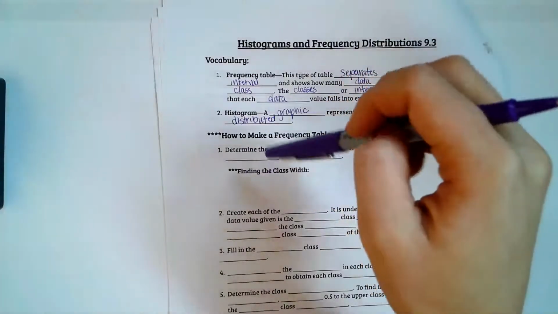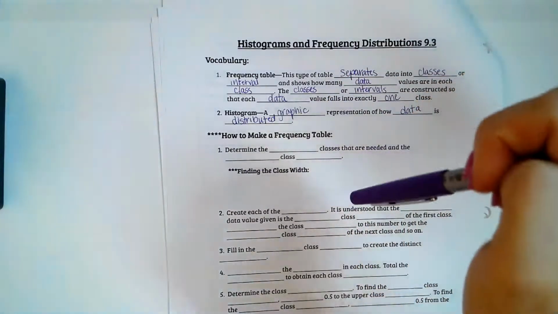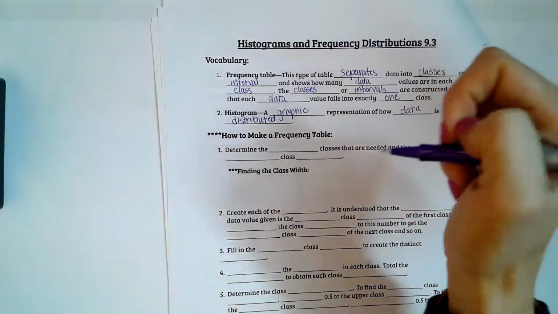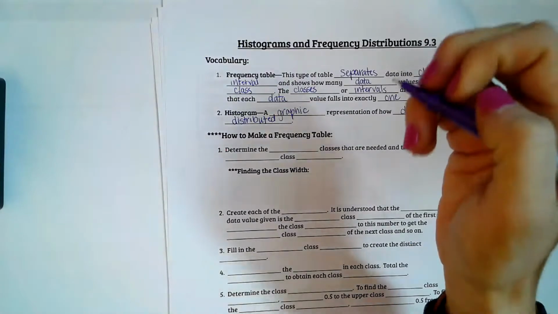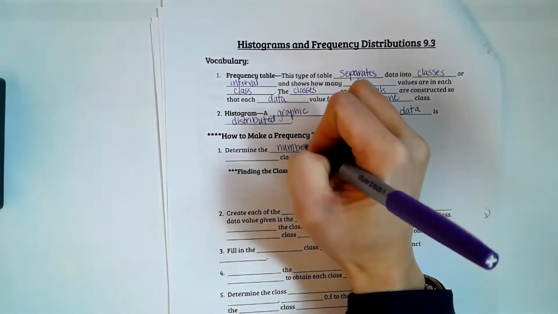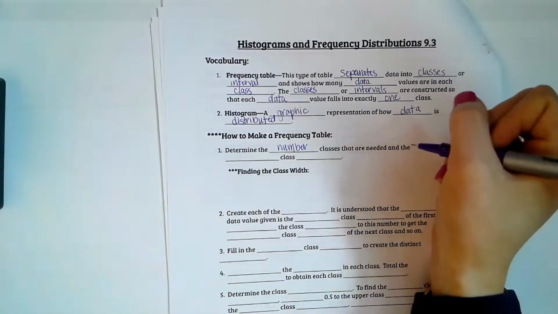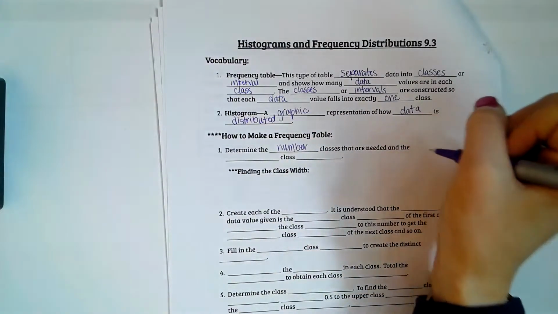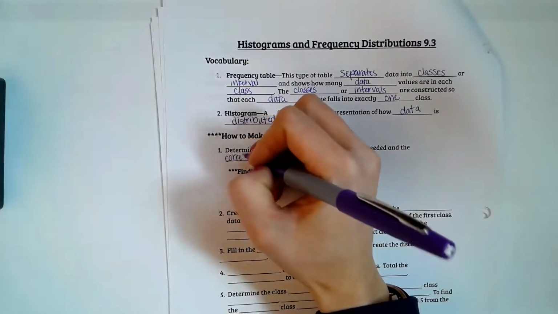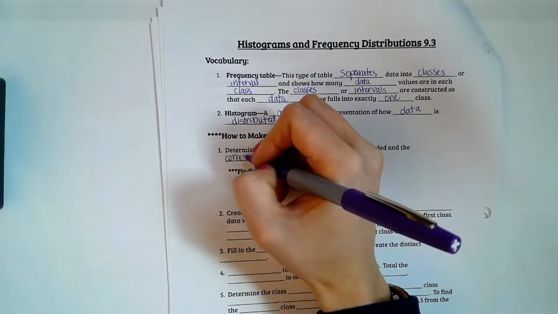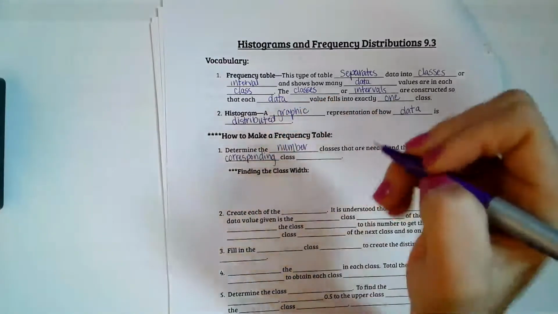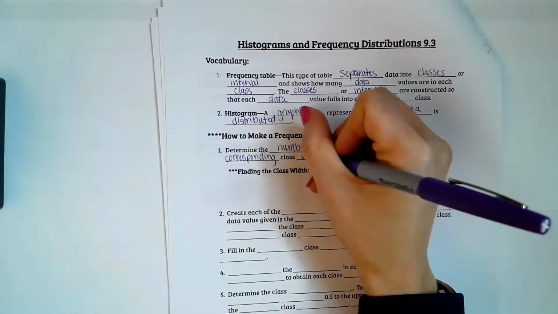Like I said, we're going to start with making your frequency tables in this video. So you need to determine the number of classes that are needed and the corresponding class width.